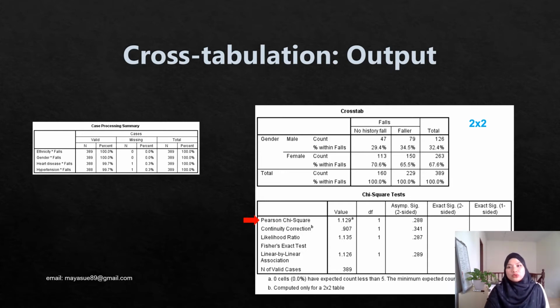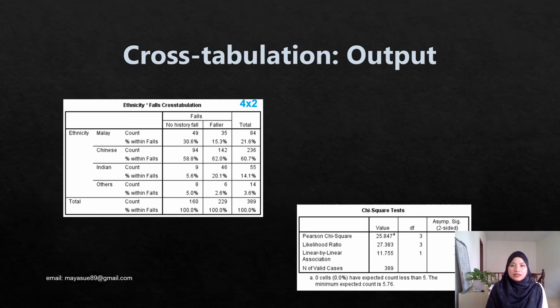What you want to present in your table is the percentage of male and percentage of female. Usually we put it as 47 in brackets, 29.4%, like that. The result here showed that there is no significant association, or no significant difference, between gender and the follower variables.